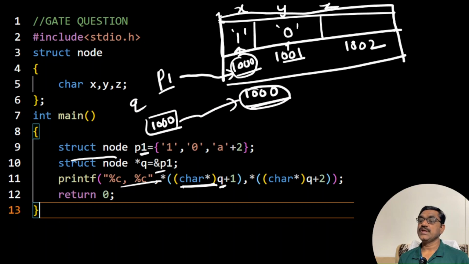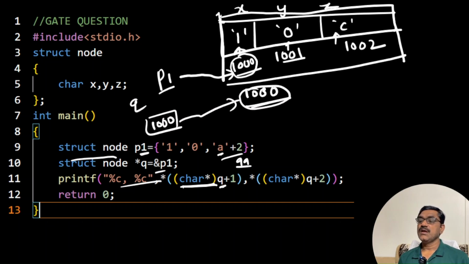And 1002 is an internal pointer to 'a'. The ASCII value of 'a' is 97. 97 plus 2 is 99, its ASCII value is 99. Its corresponding character is small c. So the values of the locations are '1' in single quotes, '0' in single quotes, 'c' in single quotes.